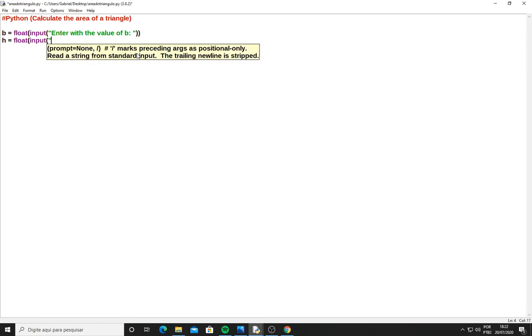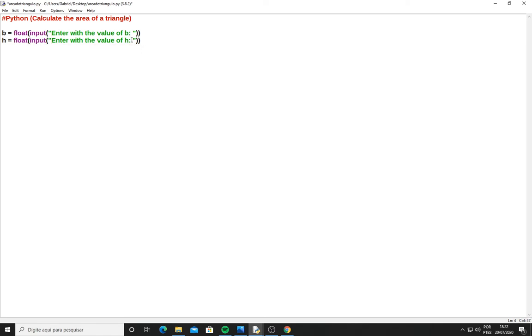Now open my quotes again and write "Enter the value of h". You don't have to write this space here, but I write it to better visualize the answer from the software we are building right now.